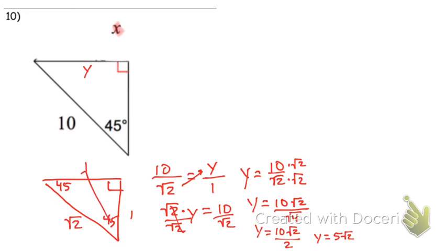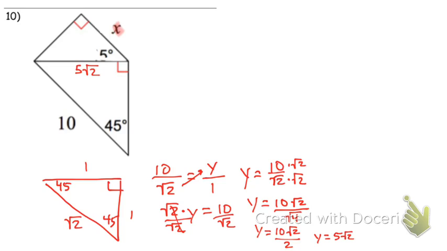Okay, so I'm going to place this into my drawing. So instead of y, what we have is 5 radical 2. Okay, now this is not my final answer. We're going to use it to solve here. So I'm going to make this guy appear again.